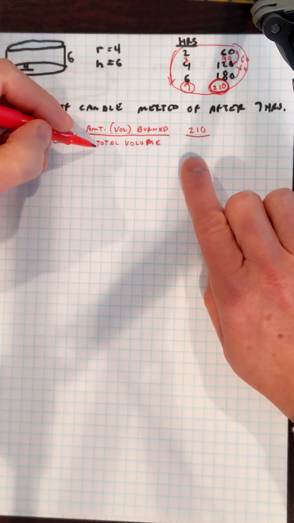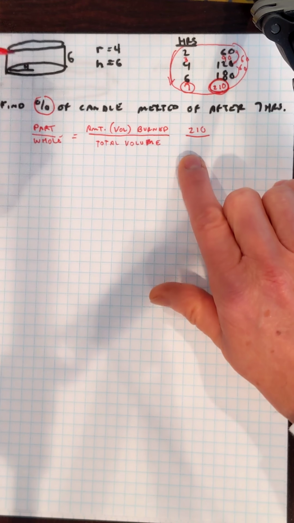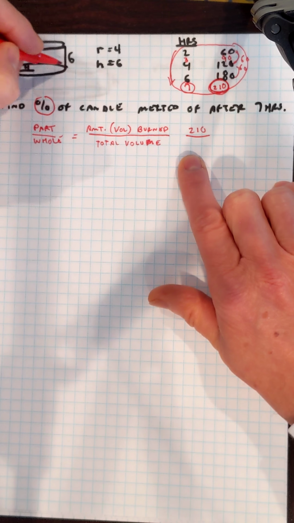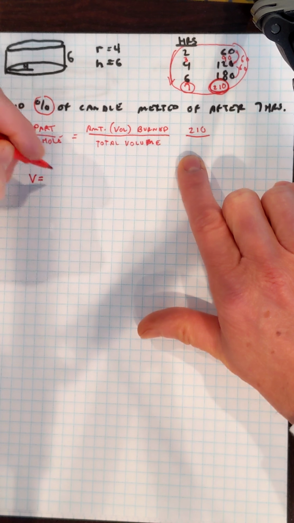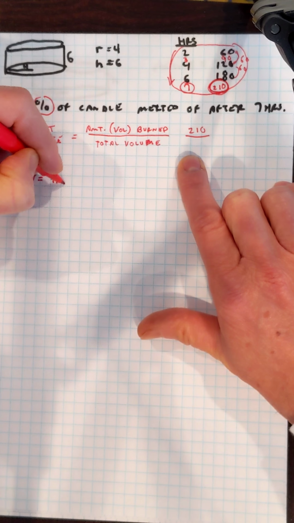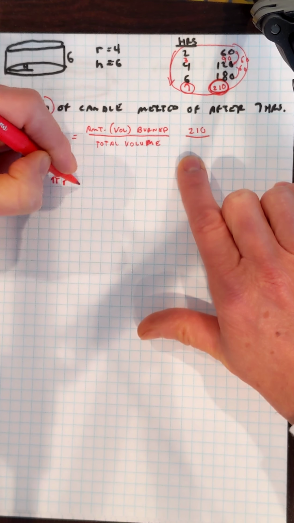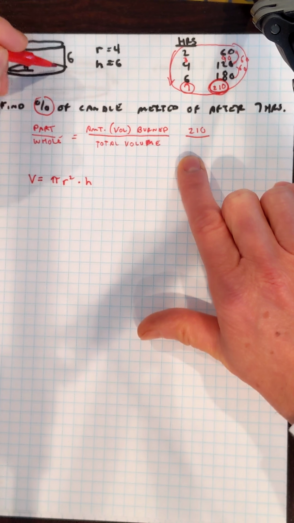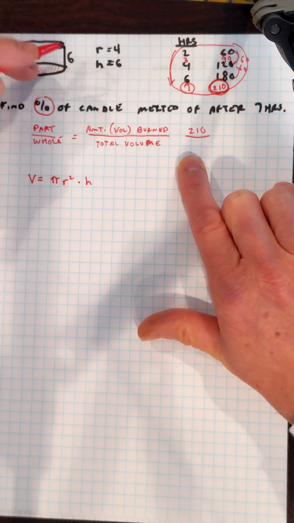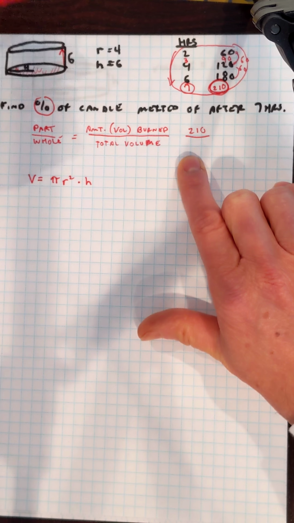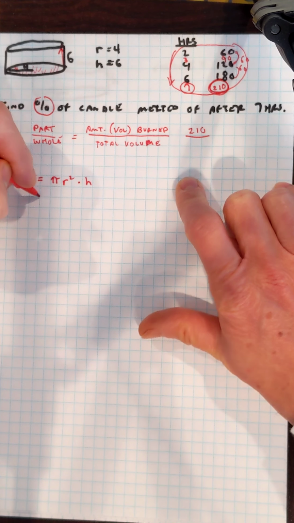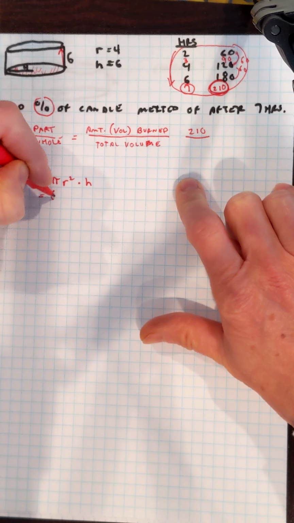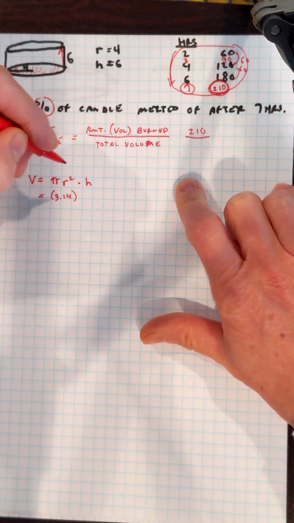Okay. Then the total volume, well, they don't give us that either, but they do give us this. They give me volume equals pi r squared, that's the circle, times its height. So basically, when you're doing volumes, you're taking the bottom piece, the area of the circle at the bottom, and you're multiplying it times its height. That's how you do almost all volumes. In any case, they told us to use 3.14 for pi.